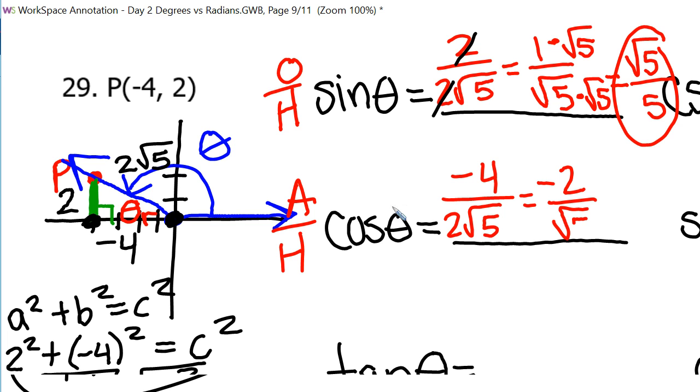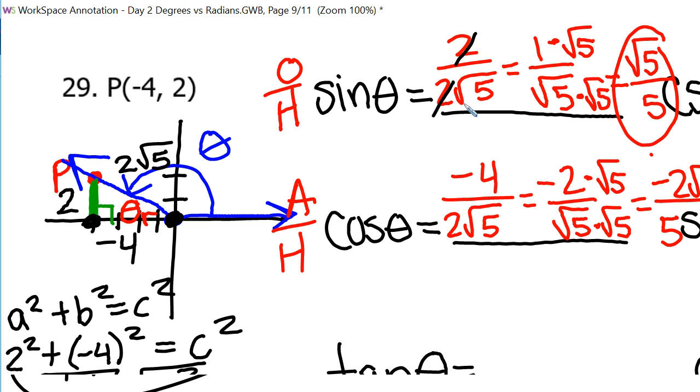Now that does need to be rationalized, but before I rationalize it, what would the secant be? Square root of 5 over -2. Now finish rationalizing, so multiply both numerator and denominator by the square root of 5. That gives us -2 square root of 5 over 5.